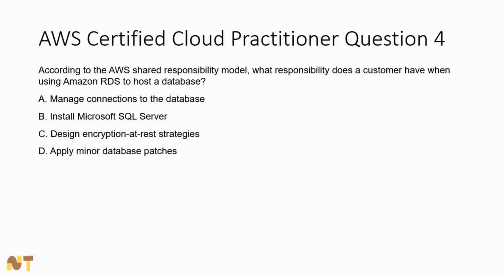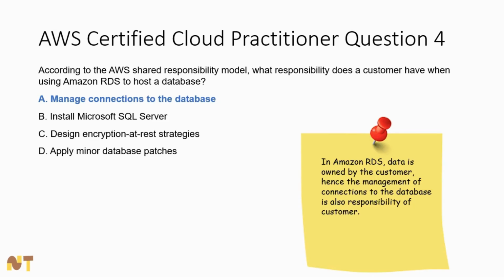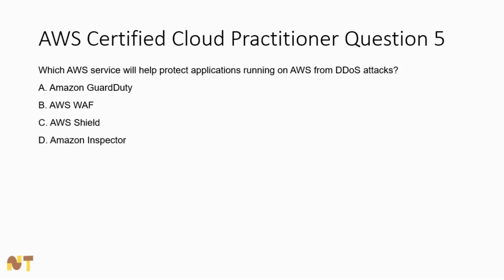But since you own the data, you would like to manage the connections to the database. Giving the power to AWS would mean giving away your data, which obviously no one would want. Hence, the correct answer is A. Other listed options are taken care by AWS in the shared responsibility model. Moving on to the next question.